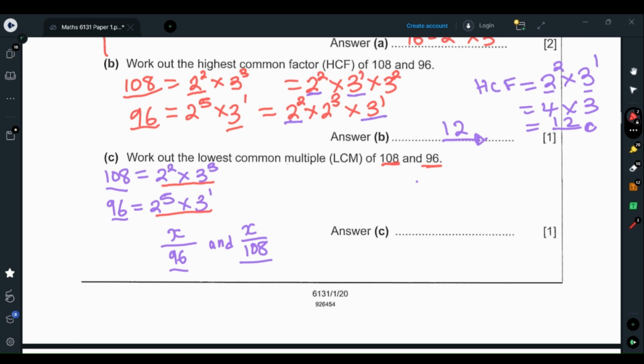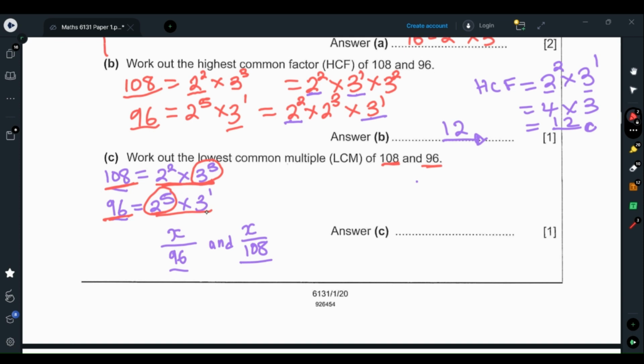So to get the lowest number, we'll look at the numbers that are not common to the two numbers, okay? In this case, we have 2 to the power 5 and 3 to the power 3.